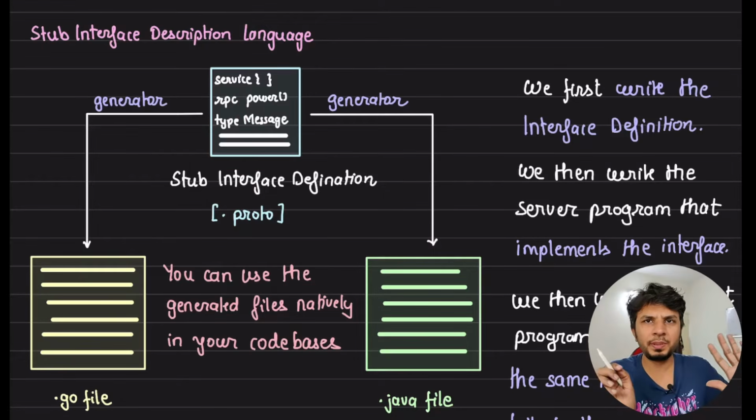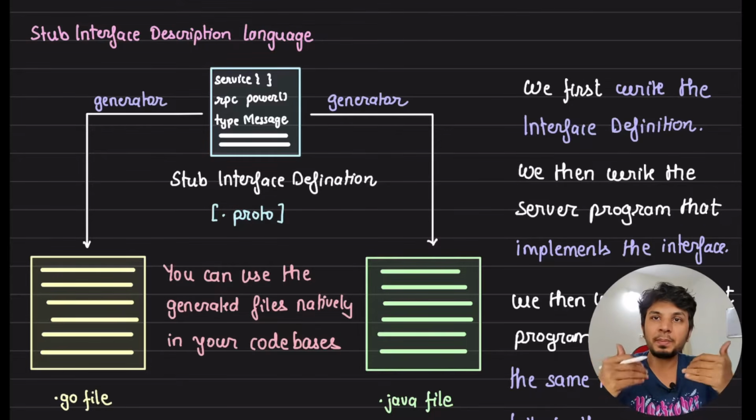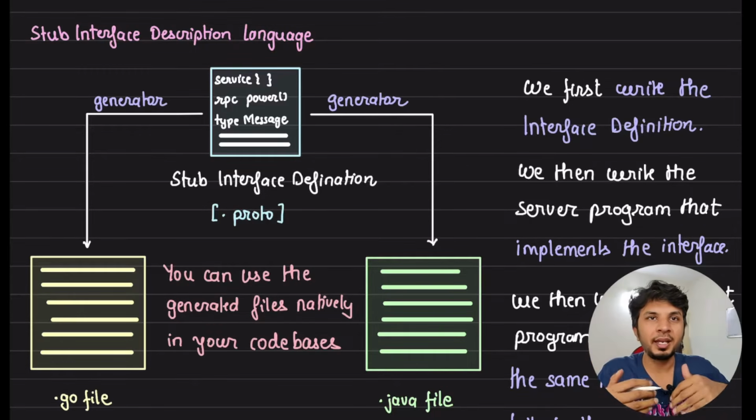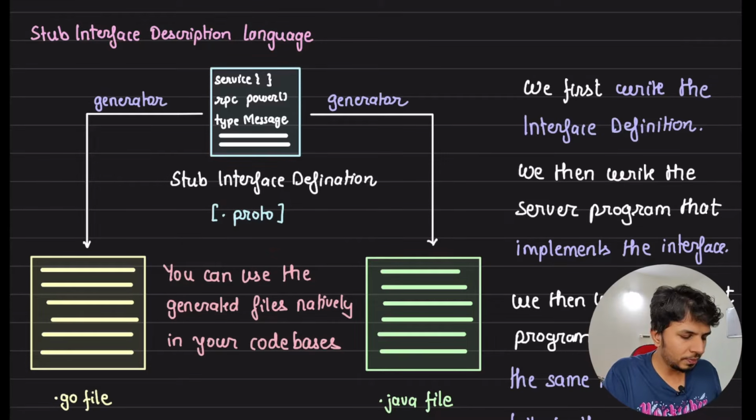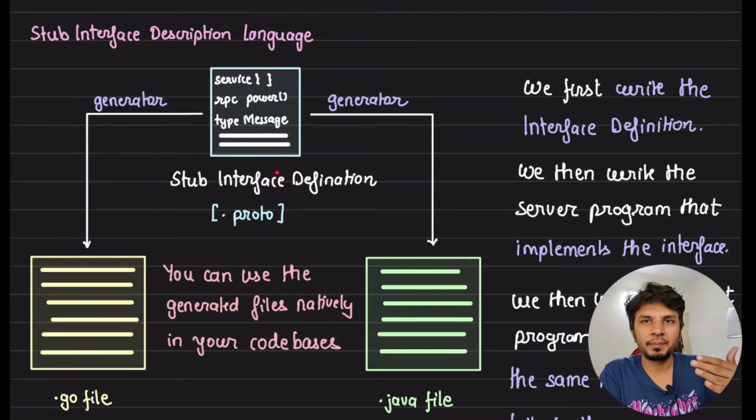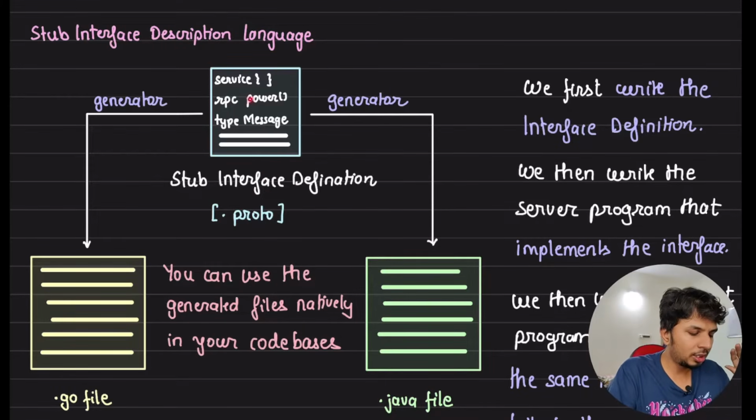Now every RPC would have its own implementation, but if I take the most famous implementation right now, it's gRPC, and it uses the protobuf format to do so. So what you will do is define a common way, in a normal proto file: this is the service, this is the RPC.